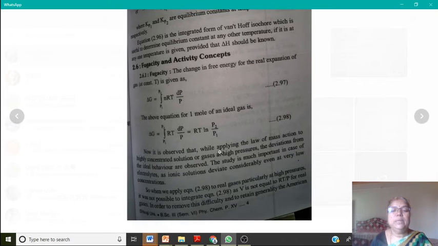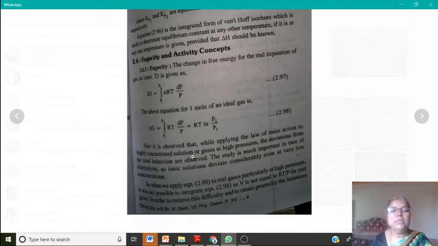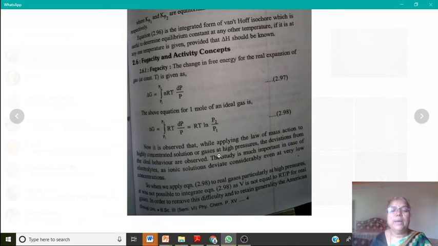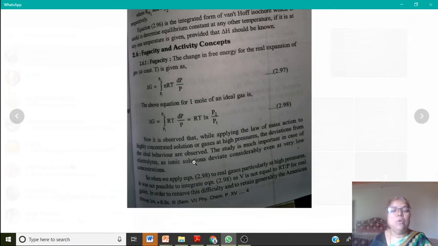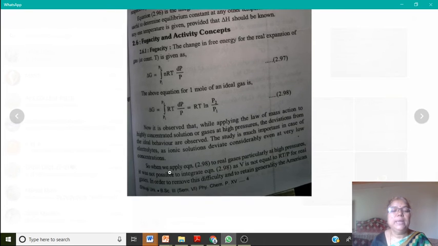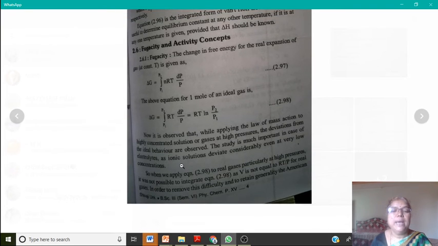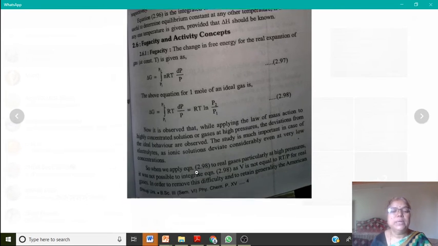Now, it is observed that while applying the law of mass action to highly concentrated solutions or gases at high pressure, deviations from ideal behavior are observed. The study is very important in the case of electrolytes, as ionic solutions deviate considerably even at low concentrations.